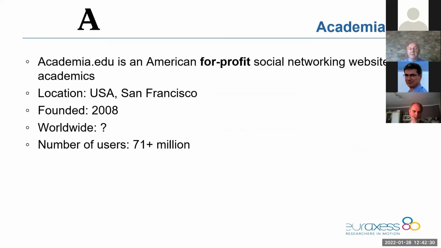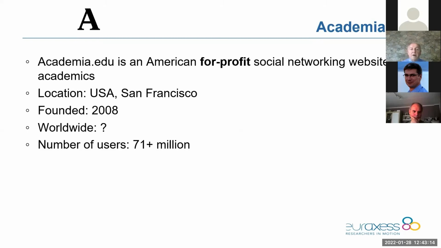Second, a similar site is academia.edu, an American-based for-profit social networking website for academics. They have similar services to ResearchGate. Both of them, ResearchGate and Academia, offer a very wide number of services free of charge, but some services are paid.